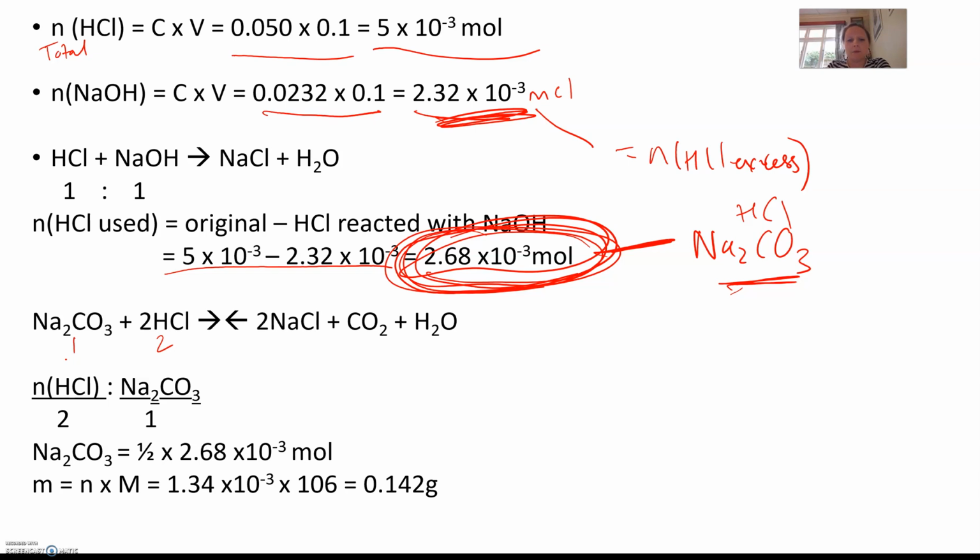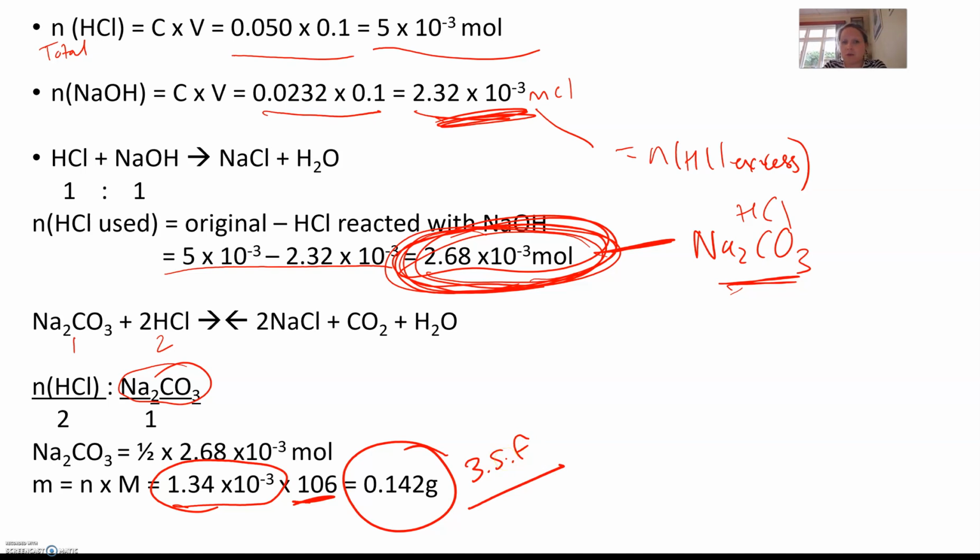So whatever our number of moles here of HCl is, we can half it to work out the number of moles of our sodium carbonate. So if we half that value, we get 1.34 times 10 to the negative 3 moles. And then to work out the mass, we times it by the molar mass there, and we get 0.142 grams, and that's written to 3 significant figures.